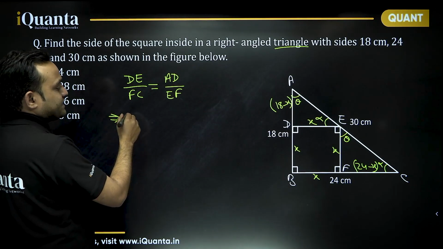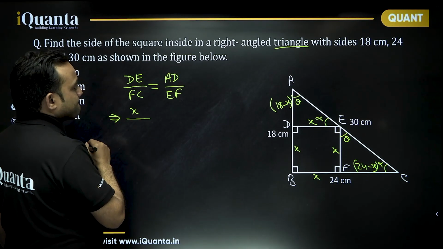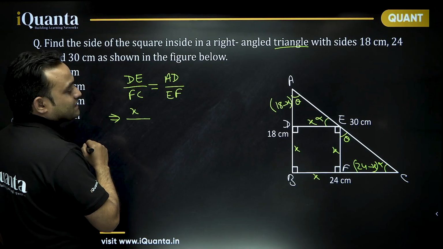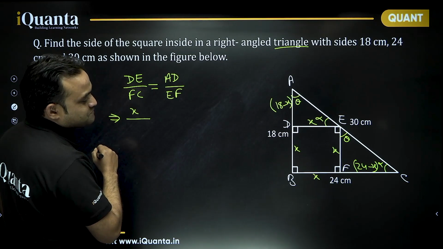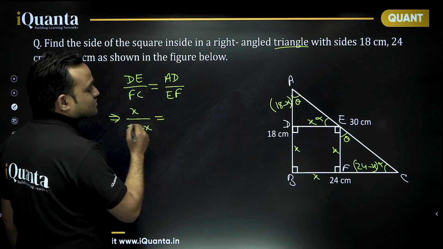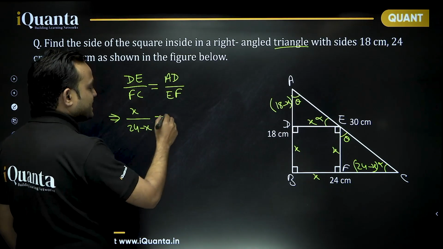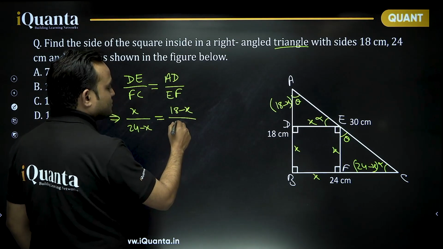From here we can write DE is equal to x, and FC is equal to 24 minus x, is equal to AD, what is AD? So 18 minus x. What is EF? EF is also x.